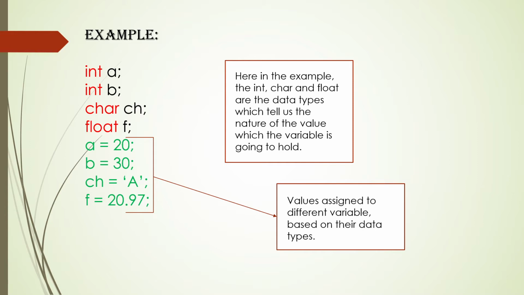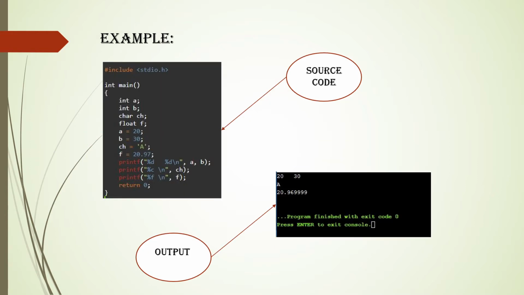Let's run this particular code and see the output. I've done the same example as previously explained, and then printed the values of the variables using the printf function. See the output part.